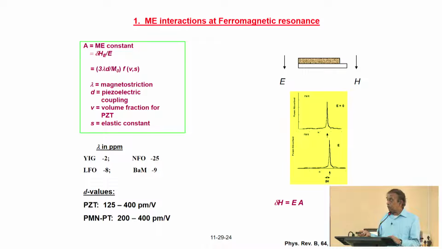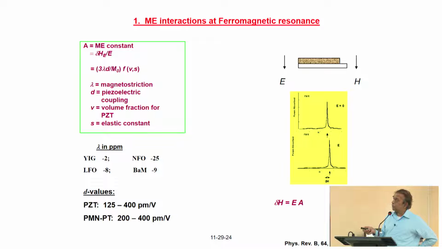For frequencies above 50 gigahertz, one has to use hexagonal ferrite with M type structure, either barium or strontium ferrite, and they are good up to 110 gigahertz. Okay. And for the composite, we are going to use either PZT or PMN-PT. They have reasonably good piezoelectric constants.